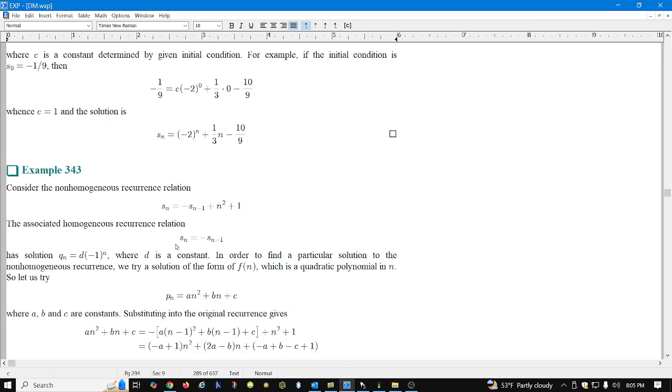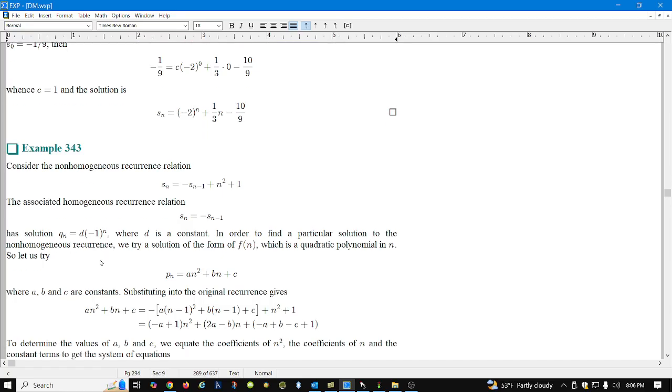Another example, non-homogeneous recurrence. The associated homogeneous recurrence has this solution. To find a particular solution to the non-homogeneous version, we try a quadratic in n. So that looks like this, general quadratic.